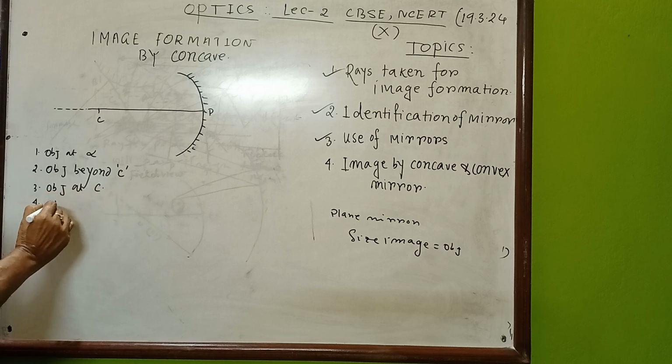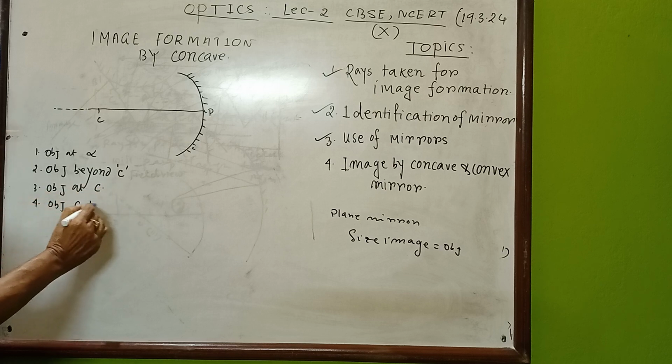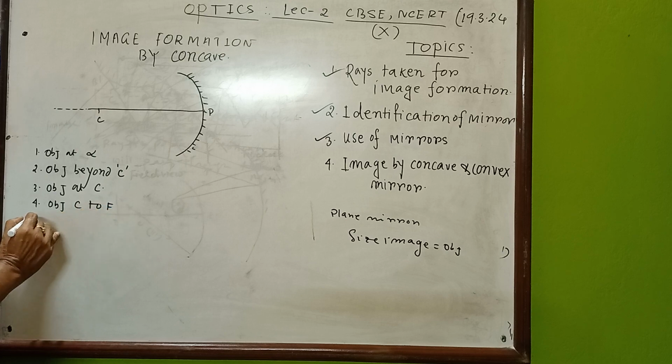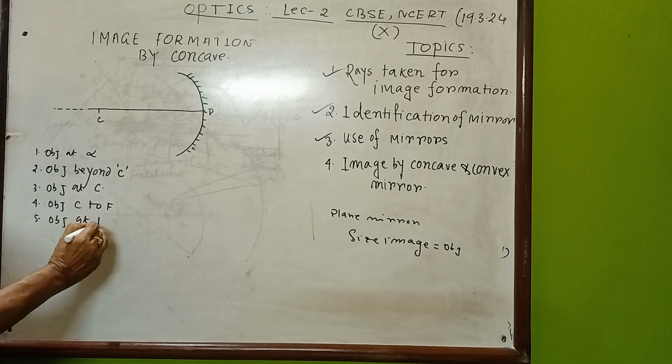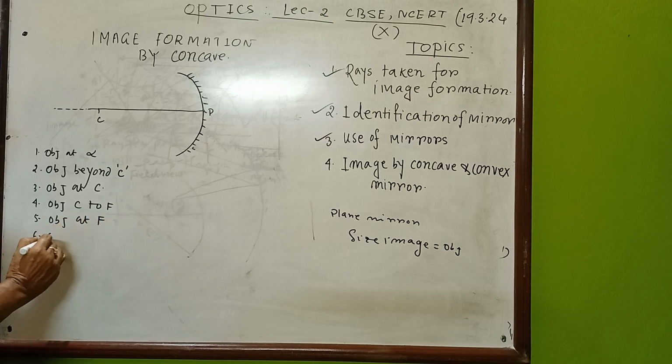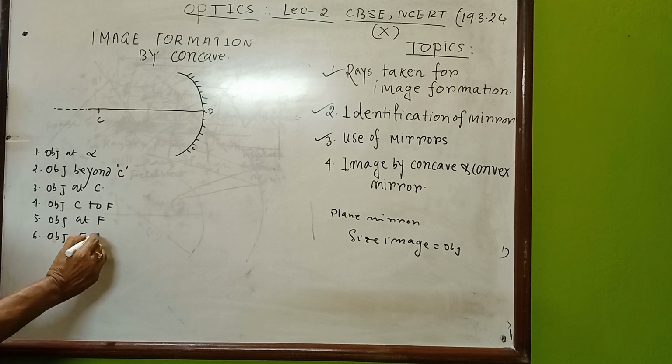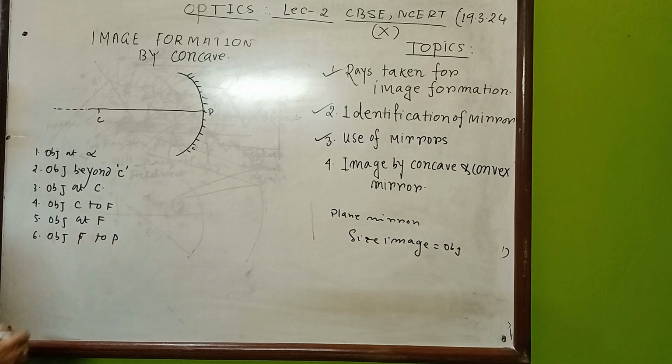Then object between C and F, center of curvature and focus. Then object at focus. Then object between F and P, focus and pole. Six different positions of the object you can take for a concave mirror, and you get different types of image.